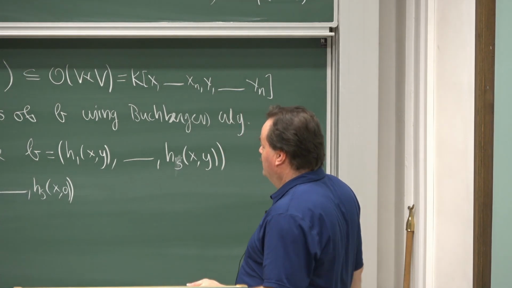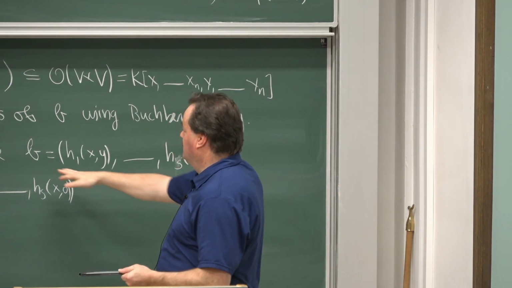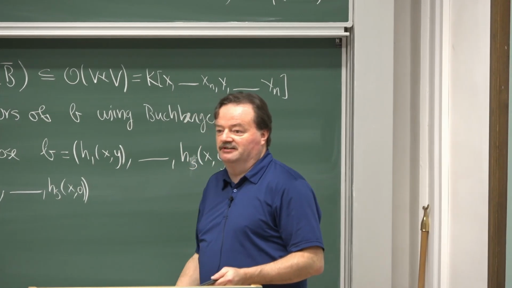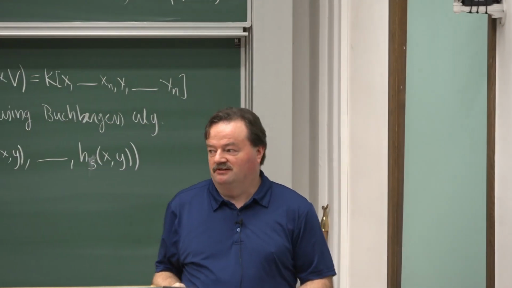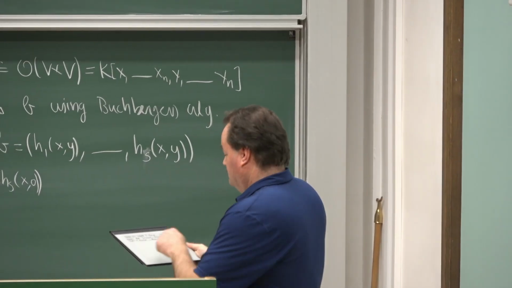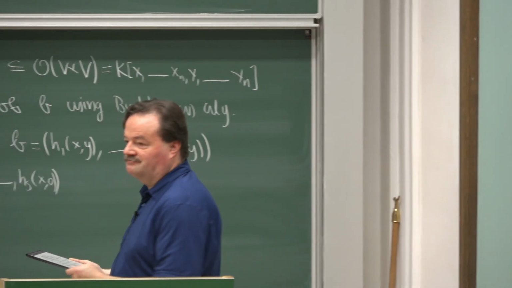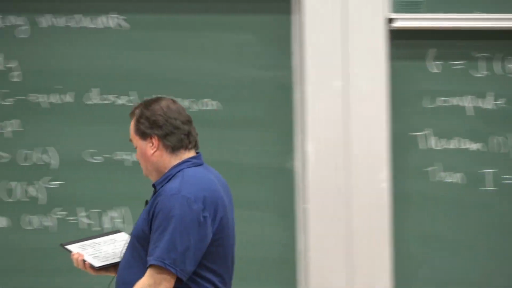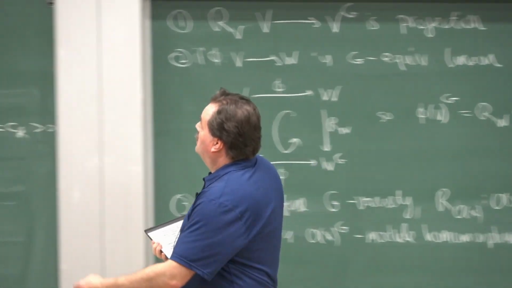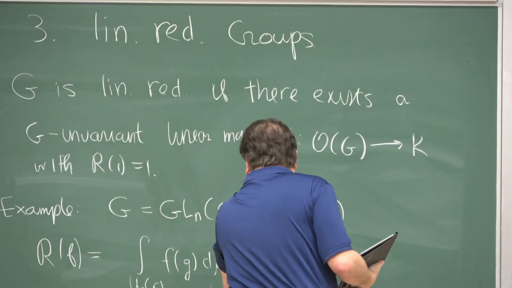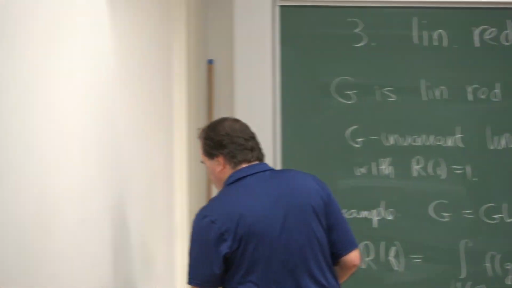So really the only real computation is finding the generators of this ideal, which is a Gröbner basis computation. Yeah, so that's basically the whole algorithm. Okay. So that's sort of the general case for linearly reductive groups.